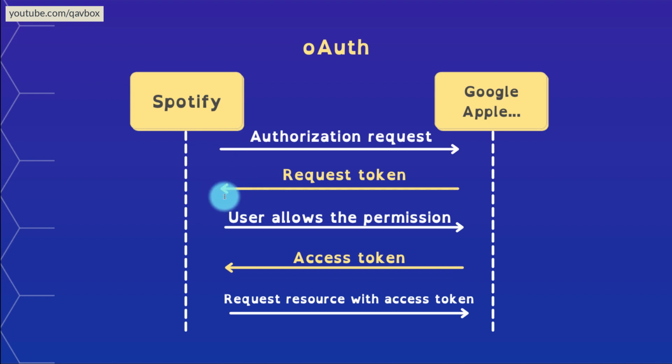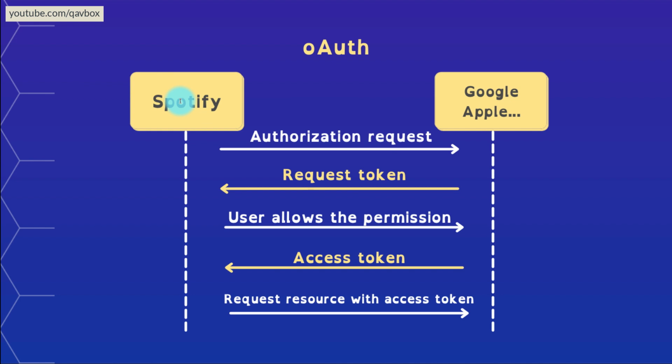Now what happens? The user will be provided an option to allow or decline that. Let's say the user clicked on allow on the Spotify platform. Now this allow request will go to Google to ask for another permission. So first, a connection is made between these two applications, Spotify and Google.